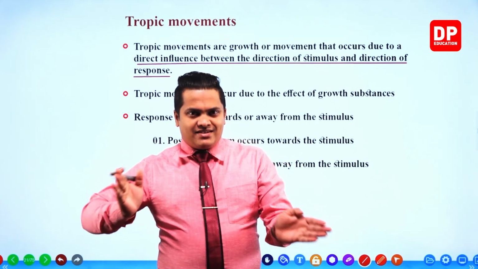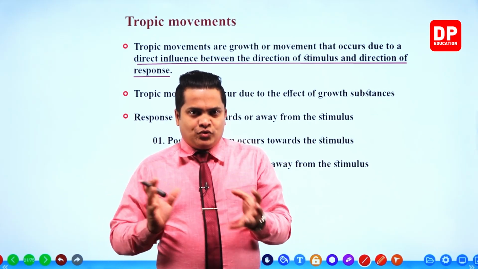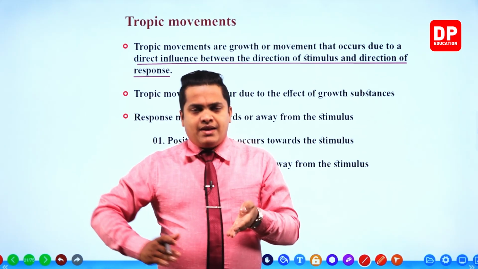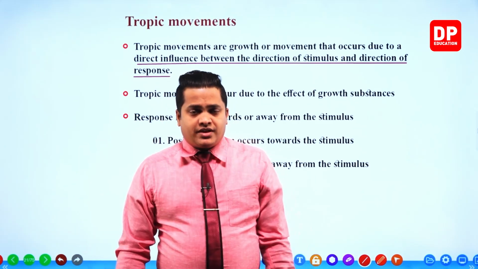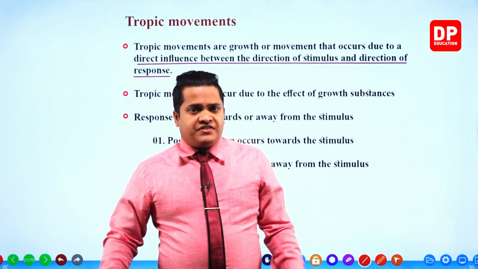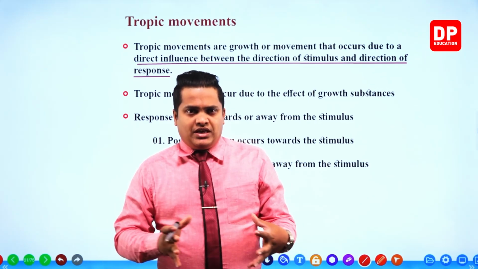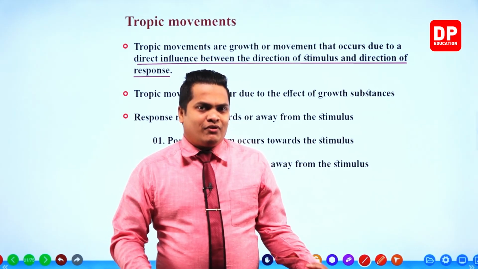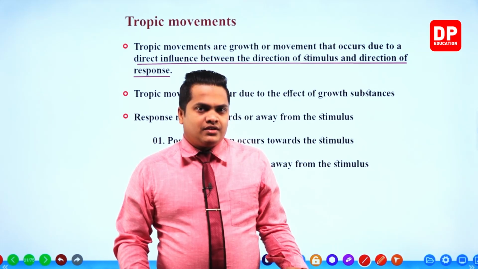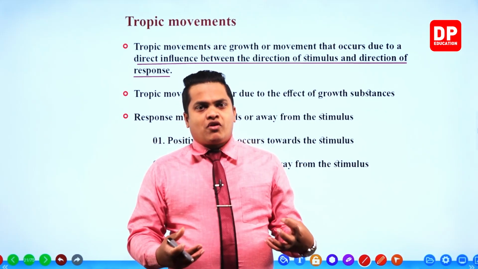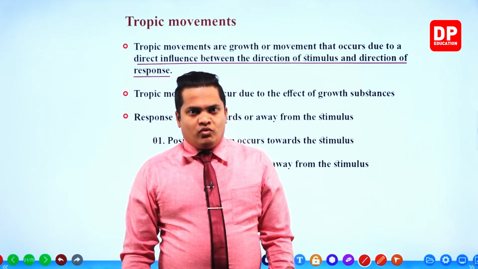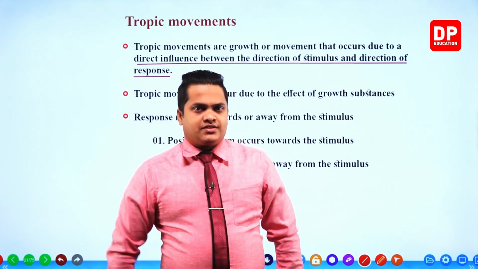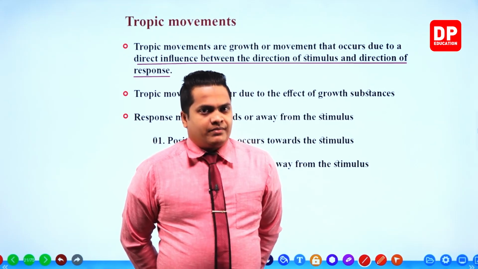If there is a clear relationship between the direction of the stimulus and the direction of the response, then, my dear children, this type of movement can be considered a trophic movement. Now let's head on to the plants for a trophic movement, my dear children.